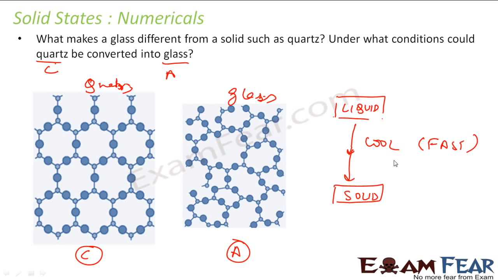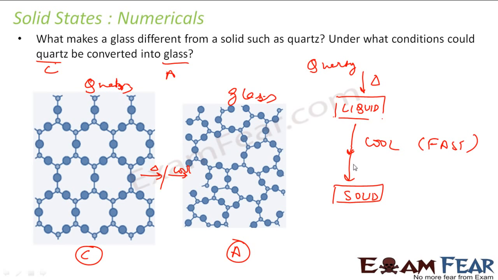So what you can do is you first heat the quartz. You take the quartz, this totally arranged solid, you heat this first, it becomes haphazard, and then you cool it fast immediately, right? You take the quartz, you heat it, you get liquid, you always get the liquid phase.